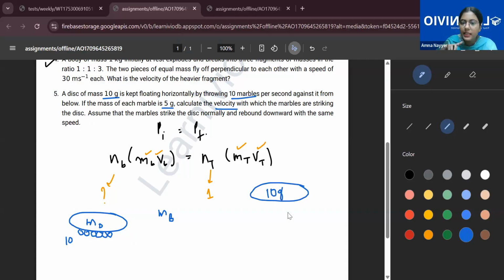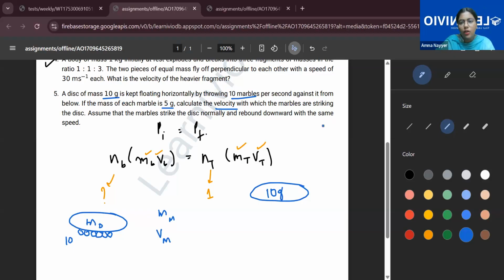So see, that velocity of the marble is missing. Let's say I'm writing this for the mass of the marble, and let's say the velocity of the marble here, and the mass of the disc is 10. The velocity of the disc hasn't been mentioned.